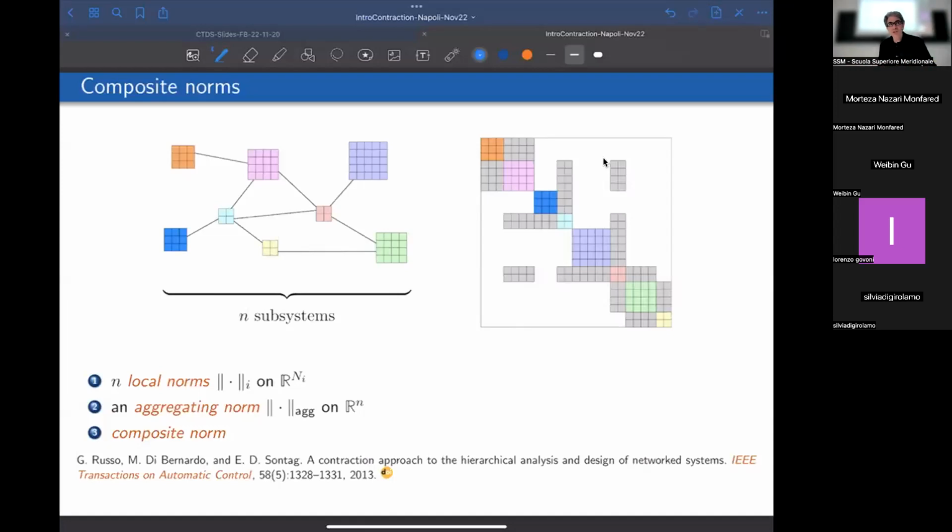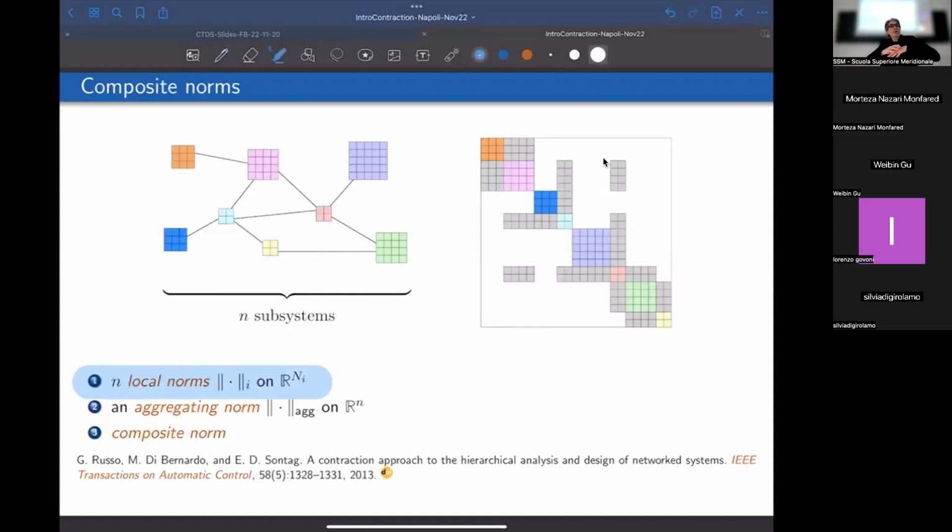We are discussing contraction theory over vector spaces for now. Then we will briefly talk about manifolds and other possibilities. But for now, we are with vector spaces. So if you want to do contraction, you need a norm. So here I have n subsystems, and therefore I have n norms, one for each subsystem, and I will refer to them as local norms because they're local for each subsystem.